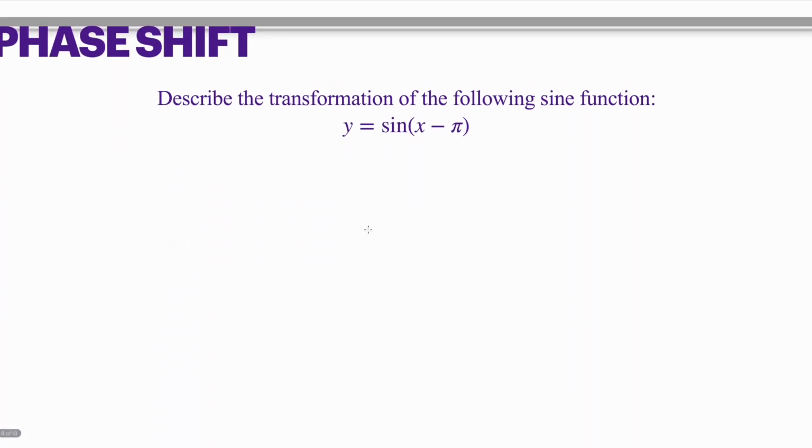Now a phase shift is going left and right. So what you're going to do is take the inside of the parentheses and set it equal to 0, which means pi. So what you'll do is you'll say that this will shift to the right, because it's positive, pi units.